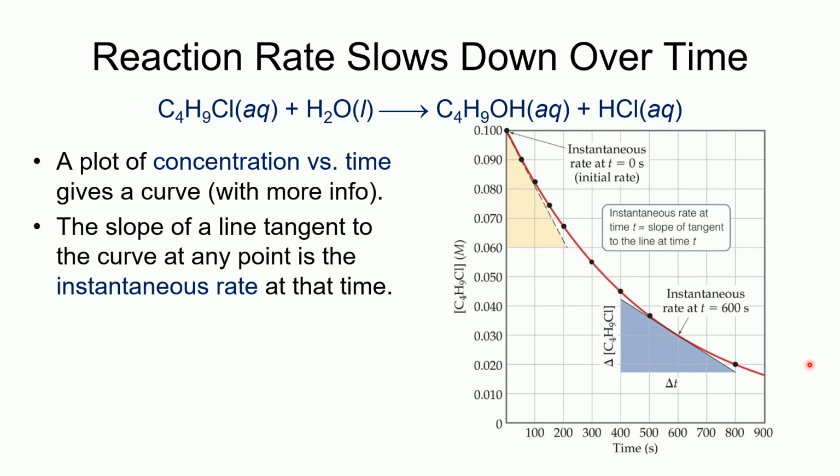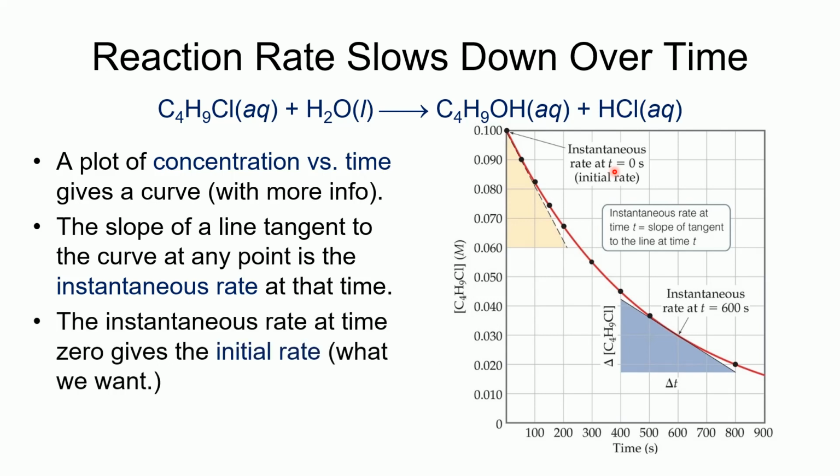It turns out by getting the instantaneous rate, the tangent line at 0, the instantaneous rate at 0, that is going to give us the initial rate, and that is the value that we're usually the most interested in, that initial rate of reaction. All right. So later, when we're looking at rate data, we are going to be looking at initial rates.